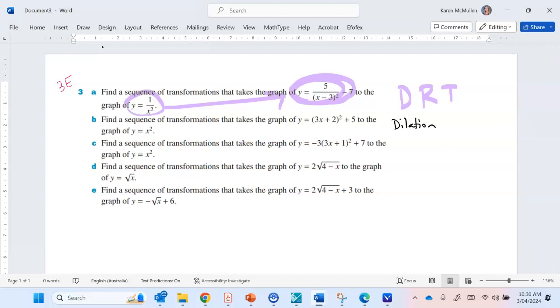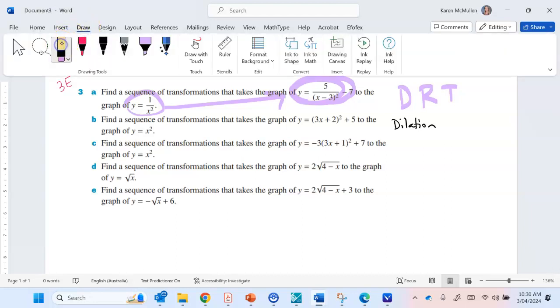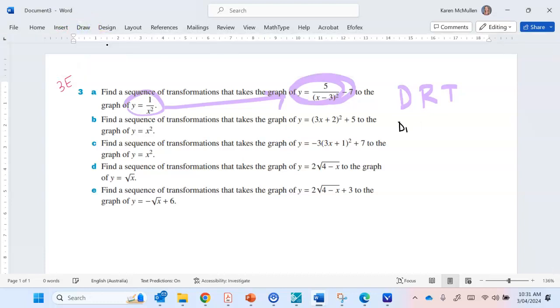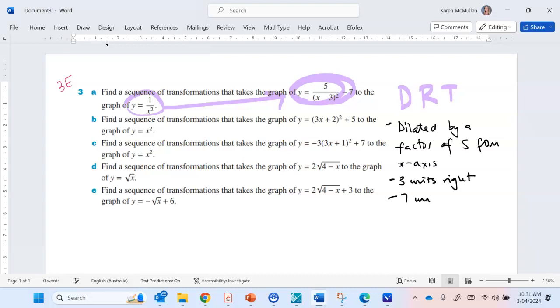We've had a dilation, dilated by a factor of 5 from the x-axis. There hasn't been any reflections, but we've had 2 translations. So we've gone 3 units to the right, that's the positive direction of your x-axis, and 7 units down.